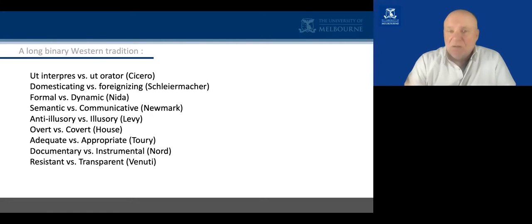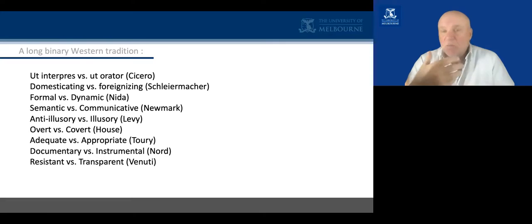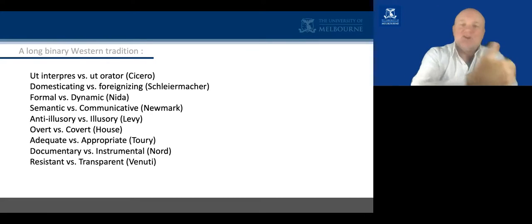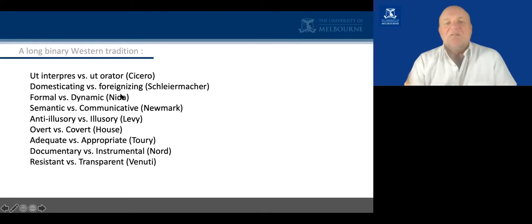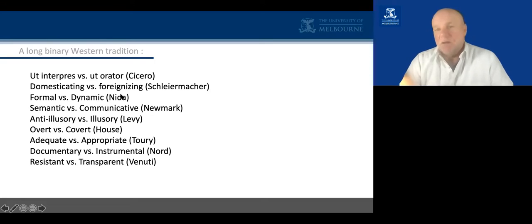Anyway, Schleiermacher, certainly in German at the beginning of the 19th century, distinguished between what we now call domesticating. For him, that was verdeutschende, the making German of the foreign text, and foreignizing, verfremdende Übersetzung. And that has been very strong.